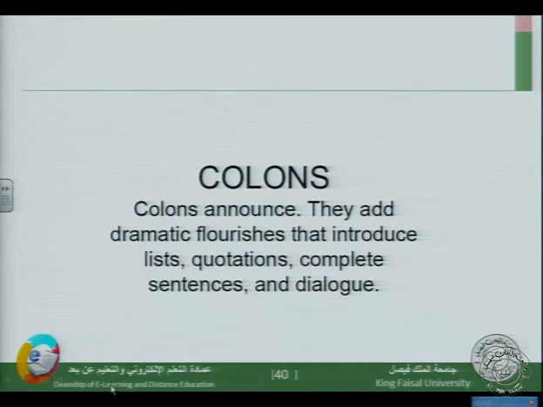We explained the function of the colons, and we have discussed the uses of colons, like to introduce a list, to introduce a quotation, to introduce a complete sentence. If a colon introduces a complete sentence, you should capitalize the first word.